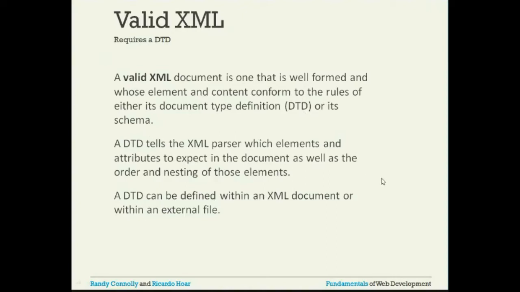DTD tells the XML parser which elements and attributes to expect in the document, as well as the order and the nesting of those elements. So whenever the XML parser is parsing an XML, it will refer to the DTD and it will understand which elements and attributes are included, what their order is, and how they are nested.